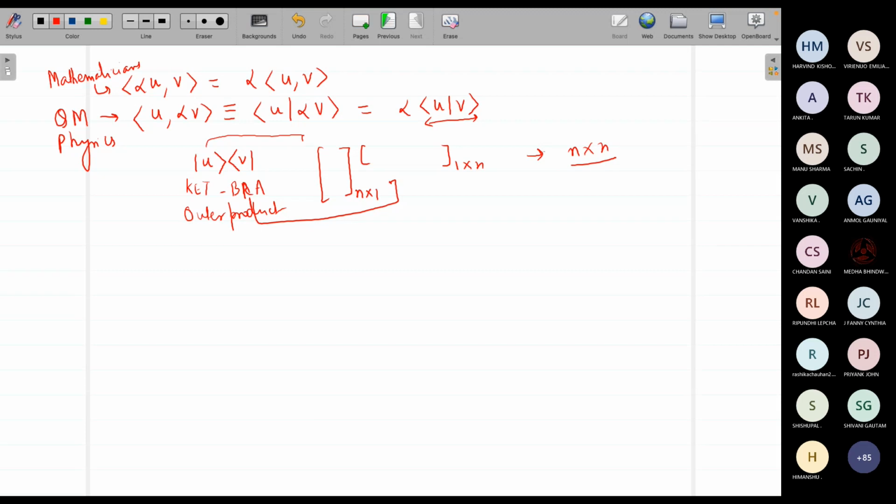Maybe you have already been introduced to this in your quantum mechanics class, but this is important so that you make a correspondence. In terms of mathematics, nothing changes for you. In terms of the concept behind it, Dirac's bracket algebra allows us to define quantities like the outer product and so many other things.